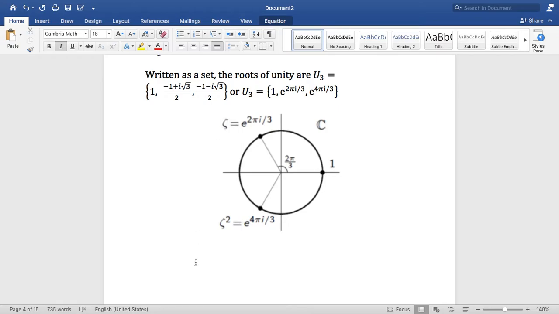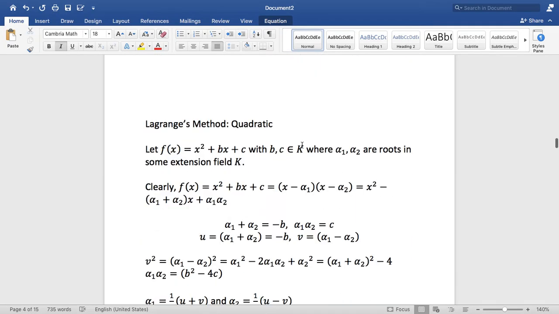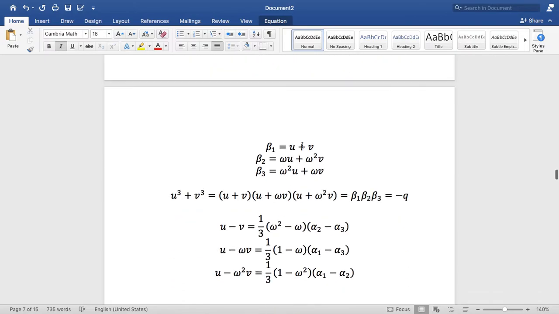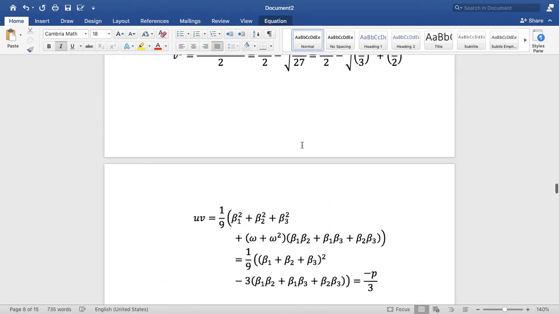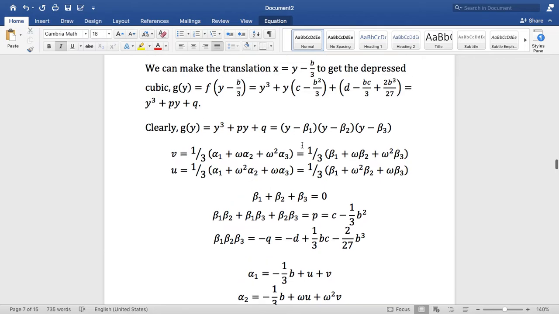Because if you square this, you jump over here. If you cube this, you go 1, 2, 3 back to the point. So don't forget these relationships. If you notice, these are sort of cyclic. So please keep that in mind when you're simplifying and doing your resolvent. Keep those ideas in mind.